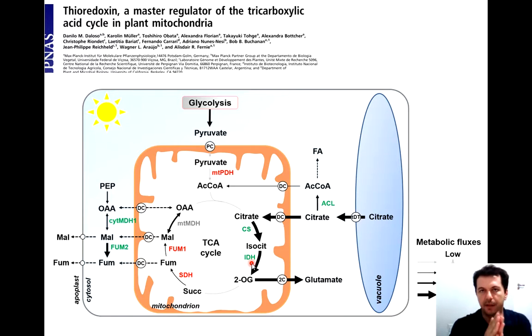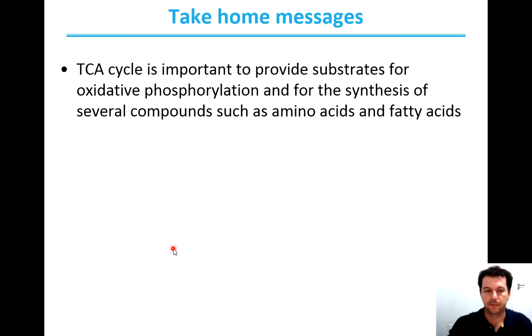So remember that the TCA cycle is not working in a cyclic mode in plants, and one of the reasons is because thioredoxin is activating this side here and inactivating this side. So this also explains why respiration is inhibited in the light in plants.